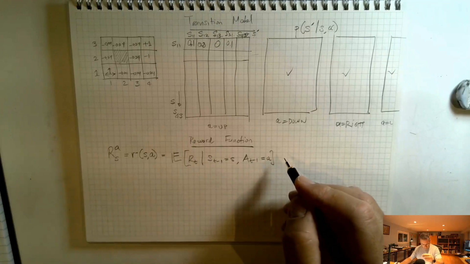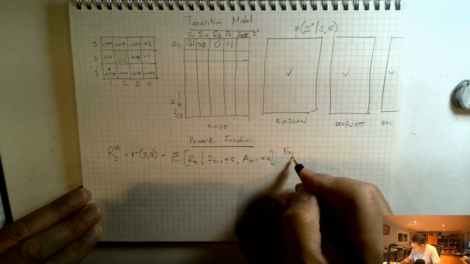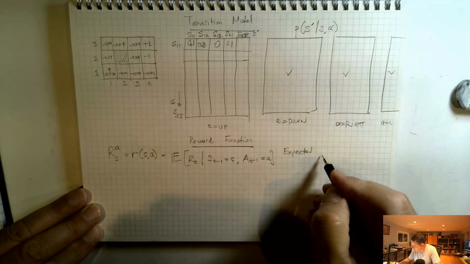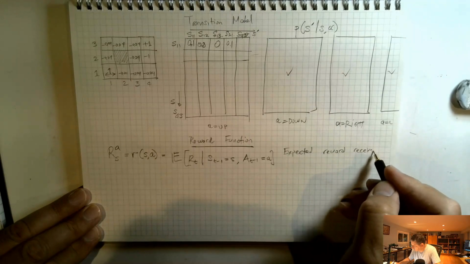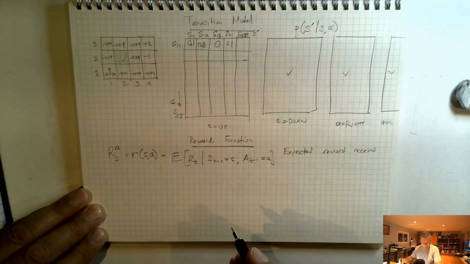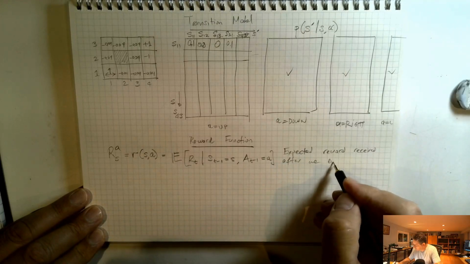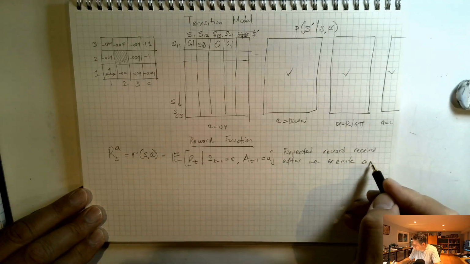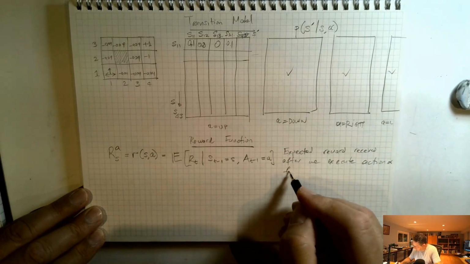And let me write it down, it is the expected reward received after we execute action A from state S.